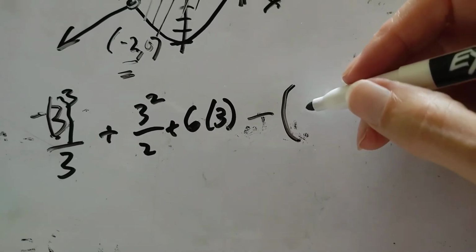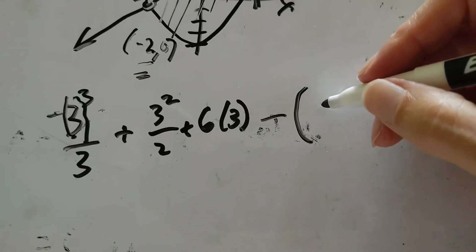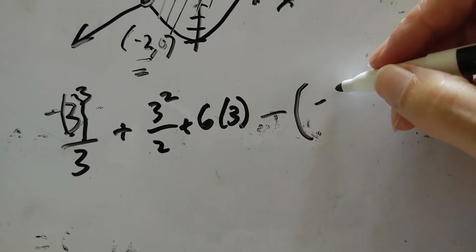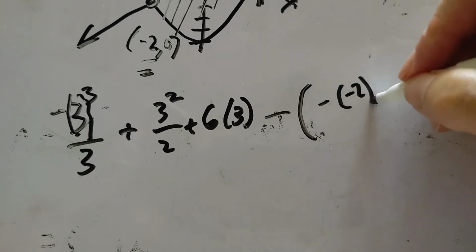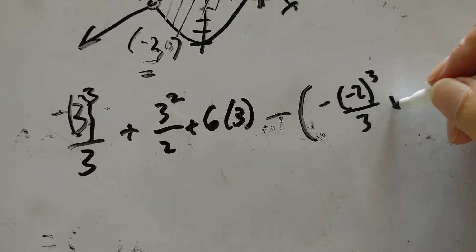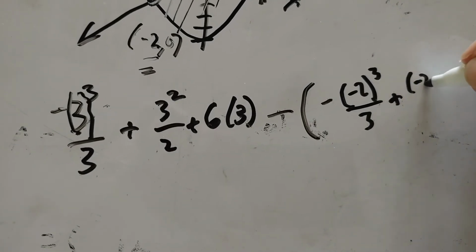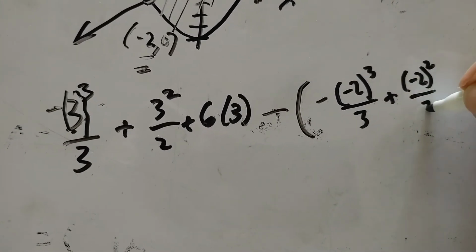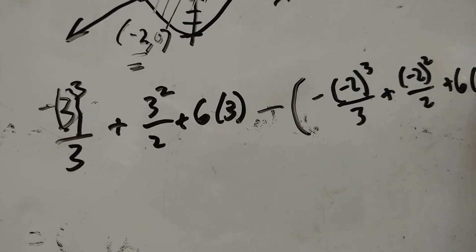So now it's going to be minus the expression, and then in place of x, we're going to write negative 2, and then that gets cubed all over 3 plus negative 2 squared all over 2 plus 6 times a negative 2.